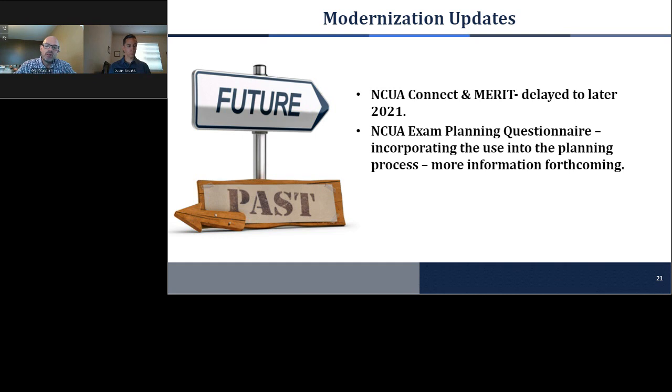So be on the lookout for a questionnaire in advance of the scheduled exam, and the examiner will be using those responses to refine their scope, increase any monitoring offsite that they can do, and try to incorporate some efficiencies into the exam itself.